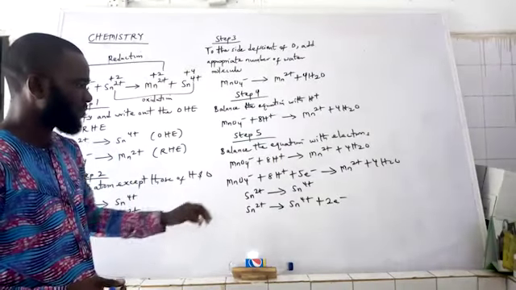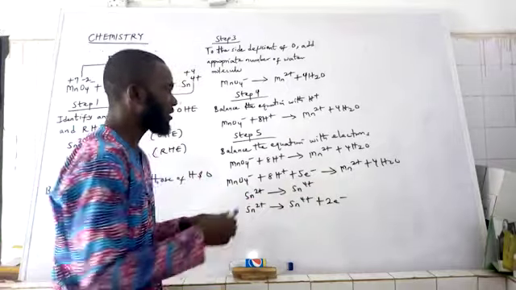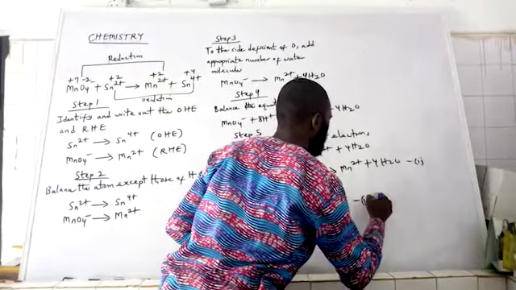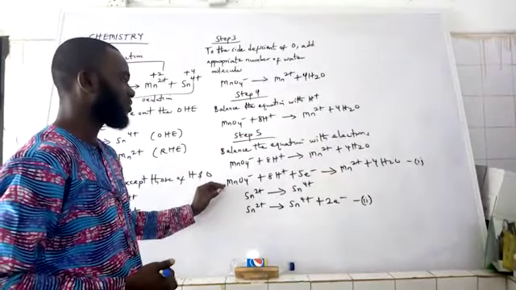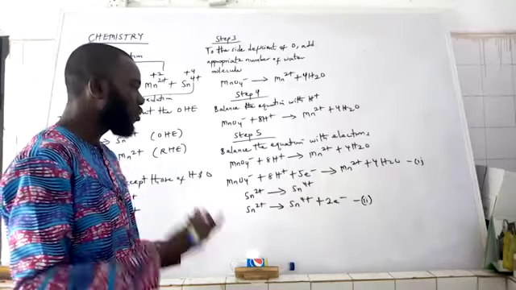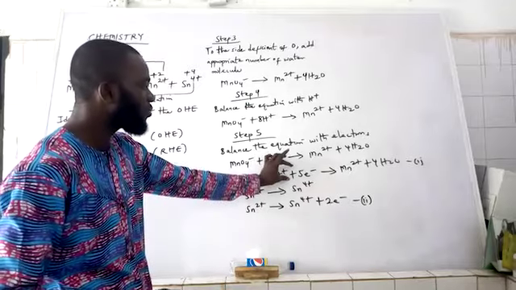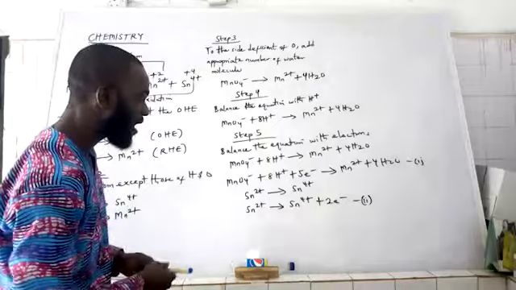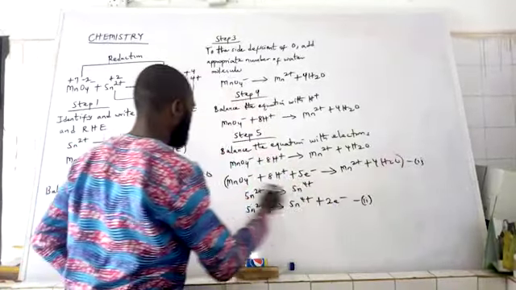Now, before I can proceed, I want the number of electrons. Let's say this is my equation 1, and let's say this is my equation 2. I want the number of electrons on these two equations to be equal. So if we go back to our basic maths, if I want to equate these two together so as to get the same number of electrons, all I have to do is multiply this equation by 2.